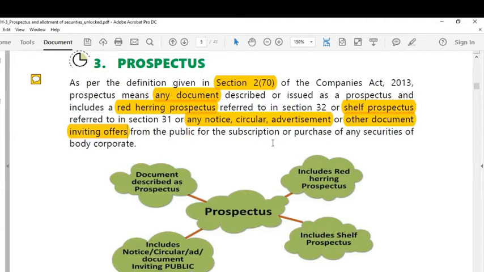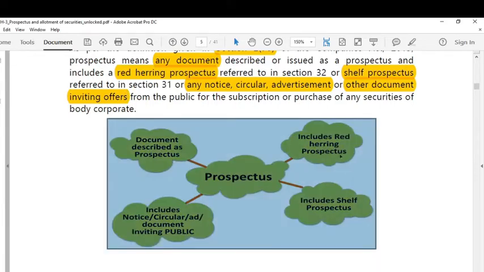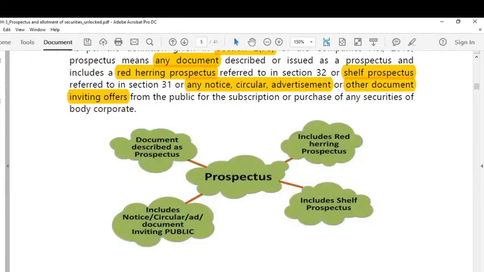is called a prospectus, right? So here they have given one simple beautiful diagram which explains what a prospectus includes. If you see, prospectus includes red herring prospectus. Red herring prospectus means a prospectus which consists of the highlights of a prospectus.